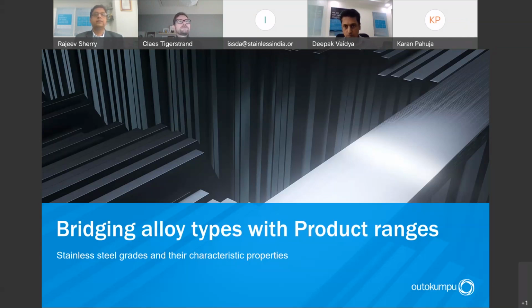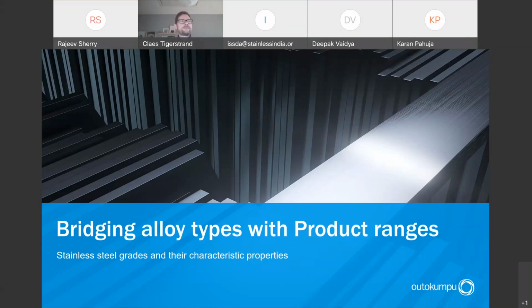Okay, thank you, Rajev. Now we have started to talk about the different types of stainless steel. If we're looking from our product portfolio, we are using what we call product ranges to categorize the different types of steel from its properties.